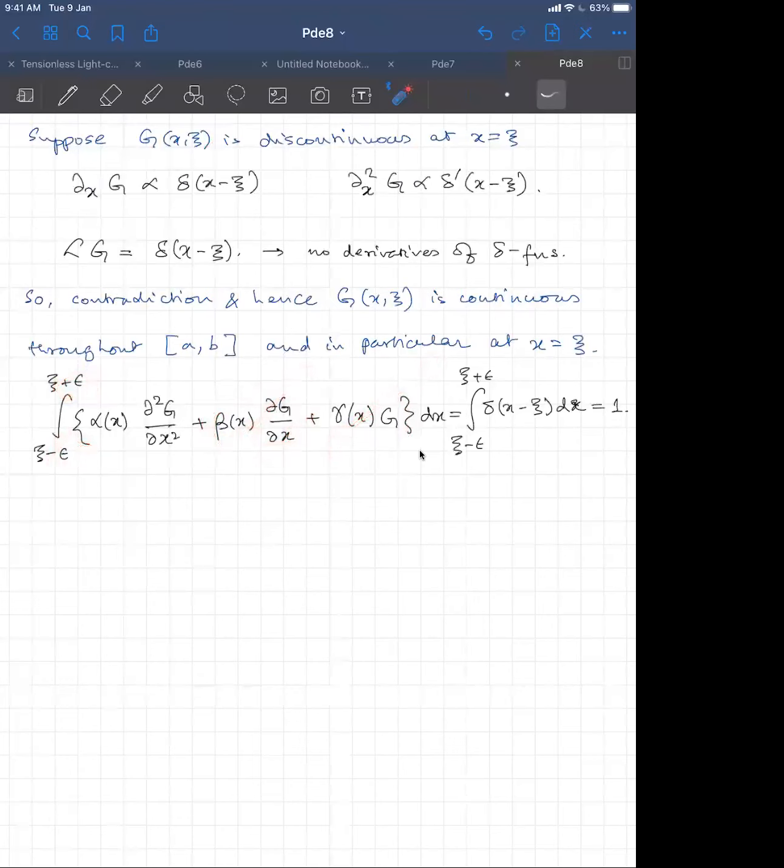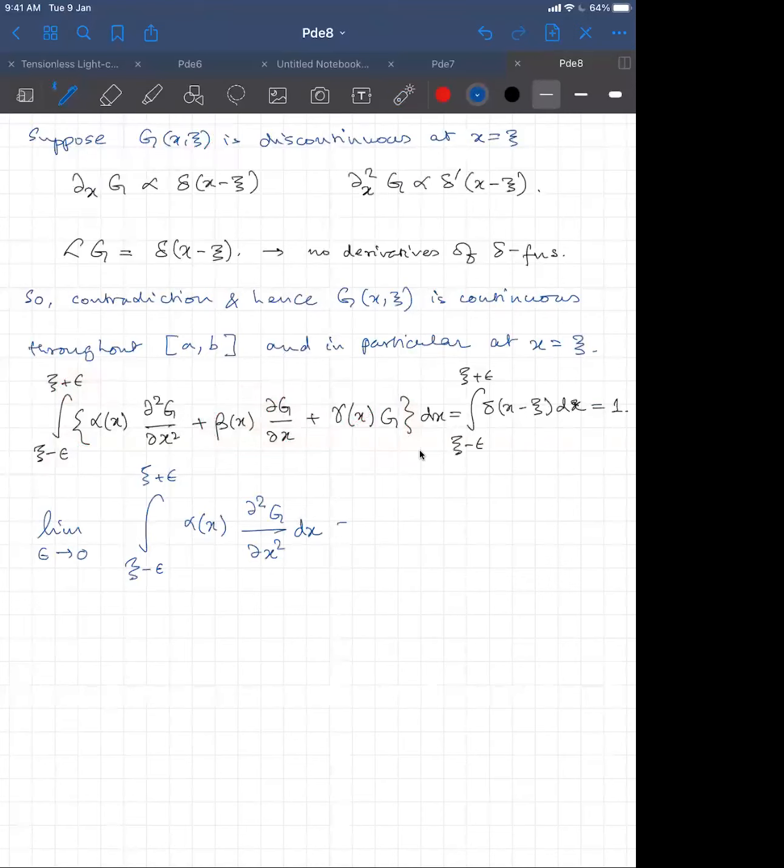So what has to be happening is, let's just write this down: the limit of epsilon going to 0 of the integral from psi minus epsilon to psi plus epsilon of alpha of x del squared g/del x squared dx.